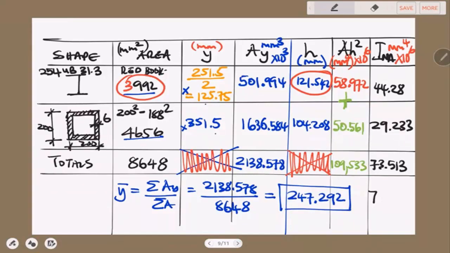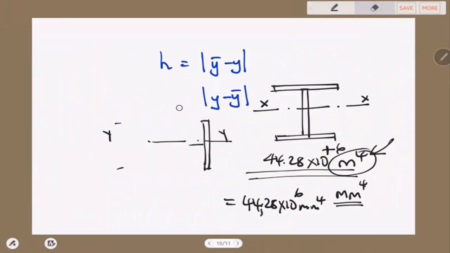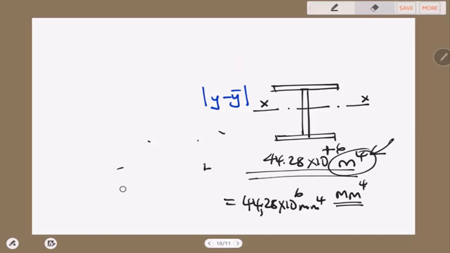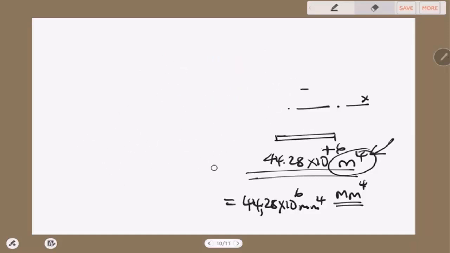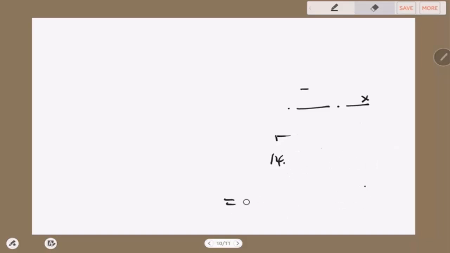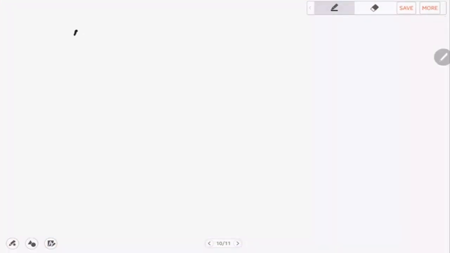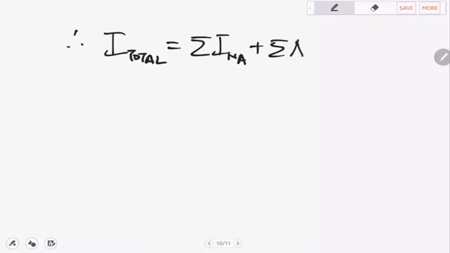Right. So therefore, I total will be equal to the sum of I neutral axis plus the sum of A h squared. The parallel axis theorem.